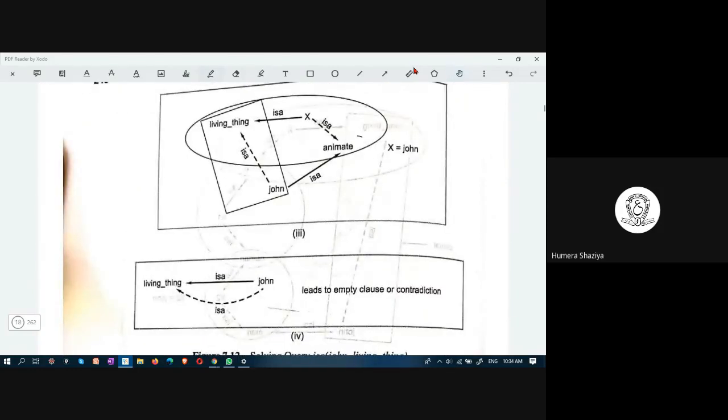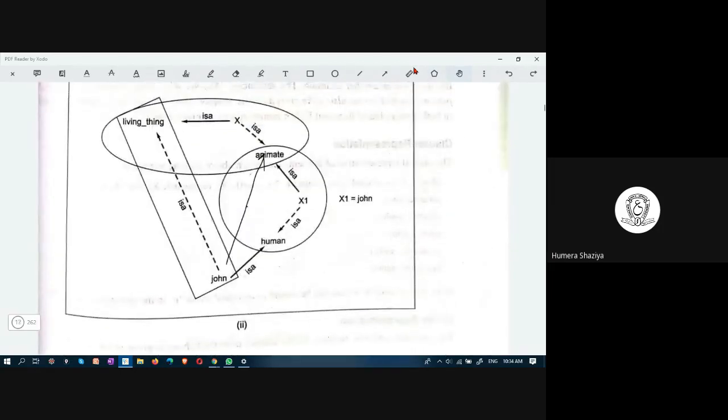Look at here. This part has been eliminated. Which part is eliminated? From this is a, this part is eliminated.